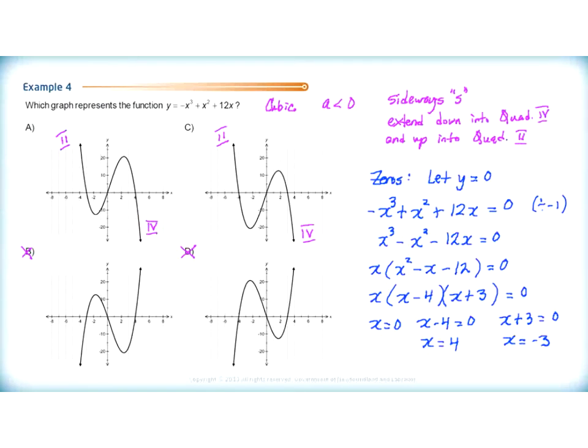So in part A, we have a single root at negative 3, another single root at 0, and another single root at 4. So it appears that A is the correct answer for the graph of this polynomial function. Again, just notice that you have 3 single roots here which occur with a multiplicity of 1.